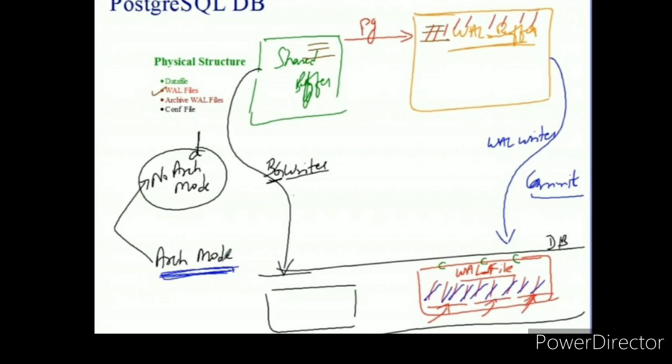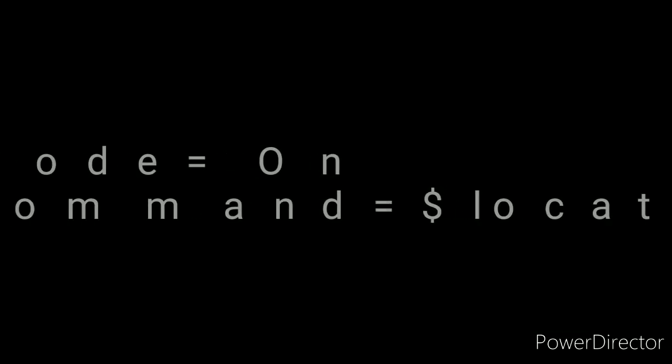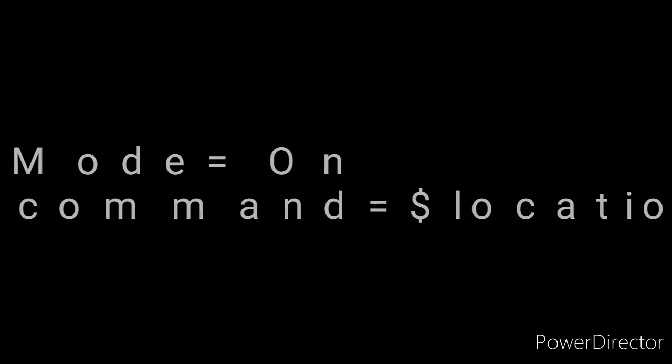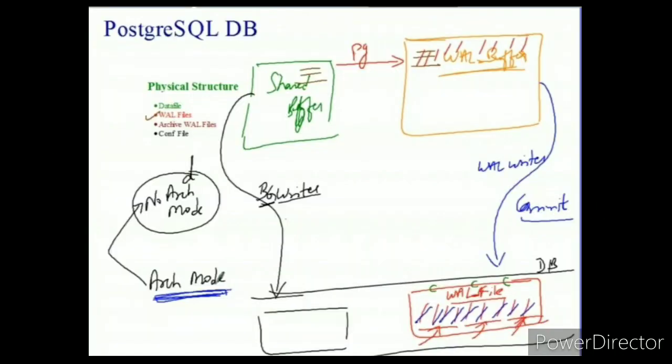So how is archive log enabled? The parameter is archive_mode equal to on, and in archive_command we need to give the specific location where the WAL files are maintained. Before 9.5, the WAL files are maintained in the $PGDATA pg_xlog location.